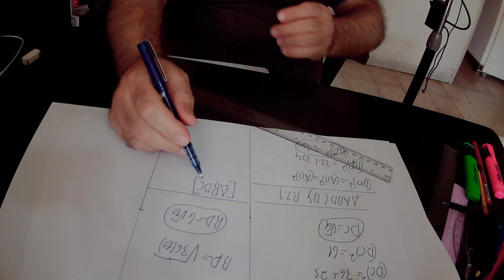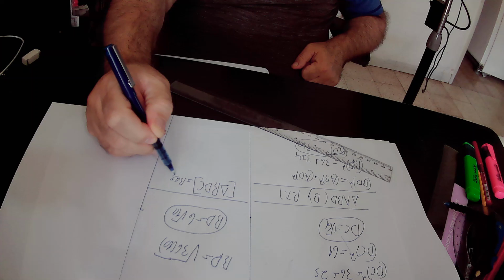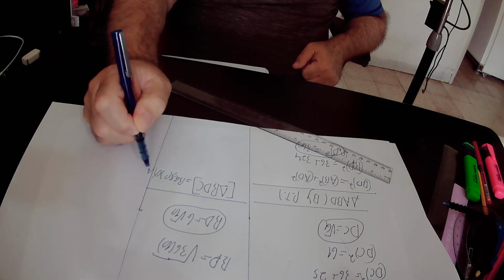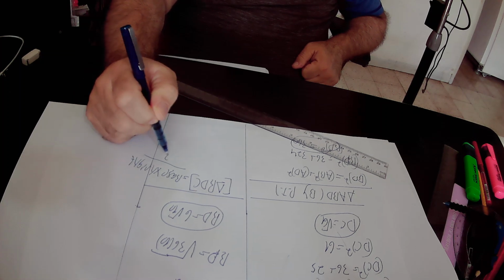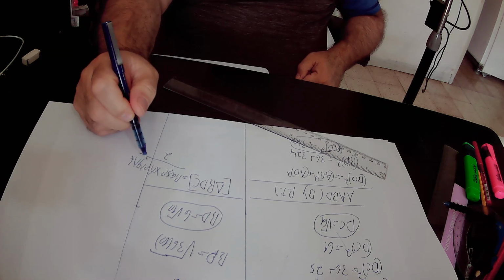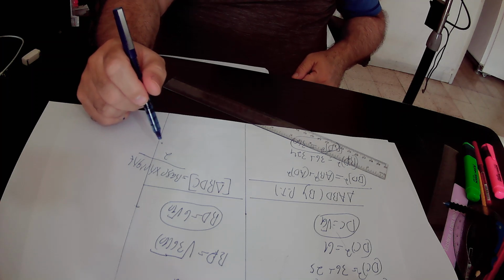So the area of the green triangle BDC will be equal to the base of the triangle times the height to the base over 2. You should remember that the height to the base must create 90 degrees with the base.